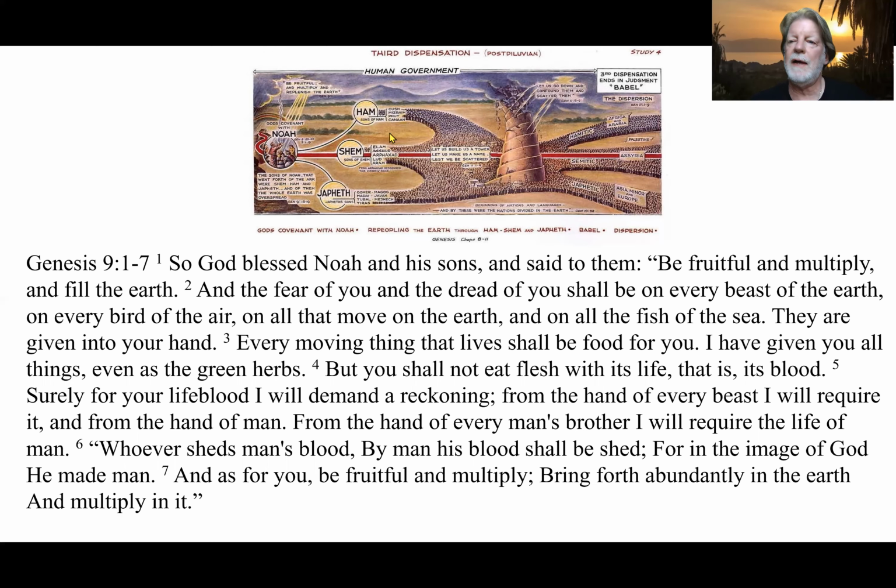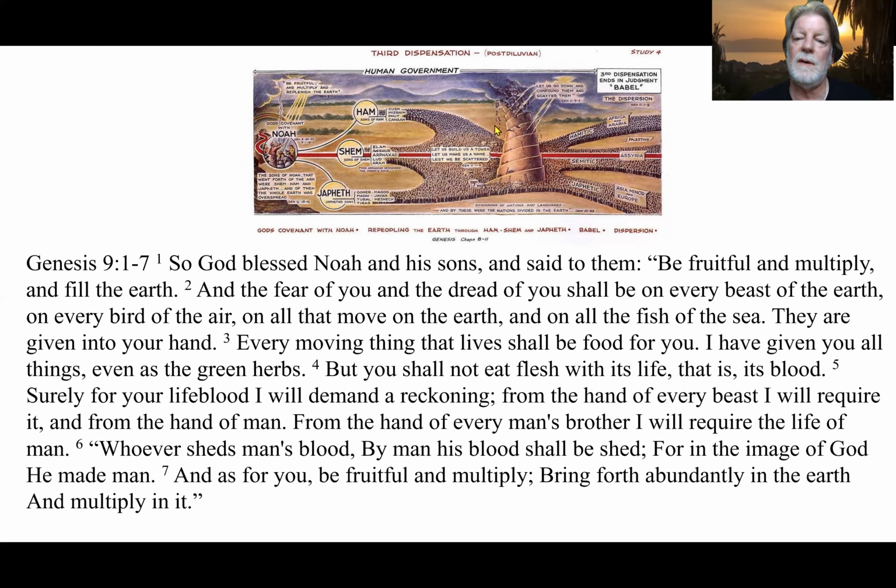Larger centralized government tends to lead to godlessness. Let me put it this way. It leads to agnosticism, a doubting about God's existence, and also atheism, a belief that God doesn't exist anymore.